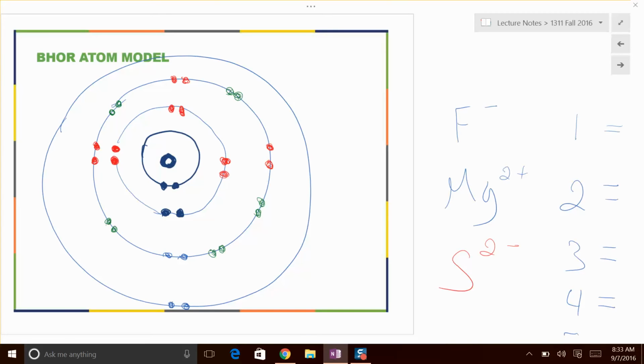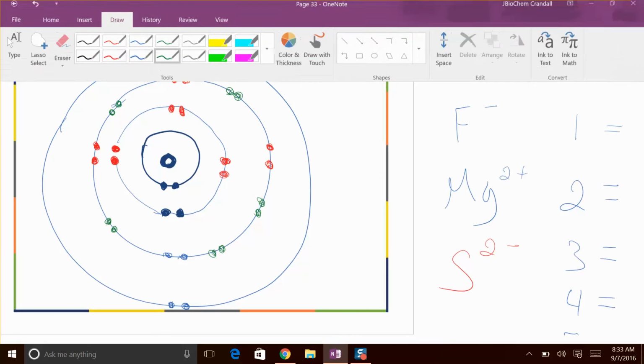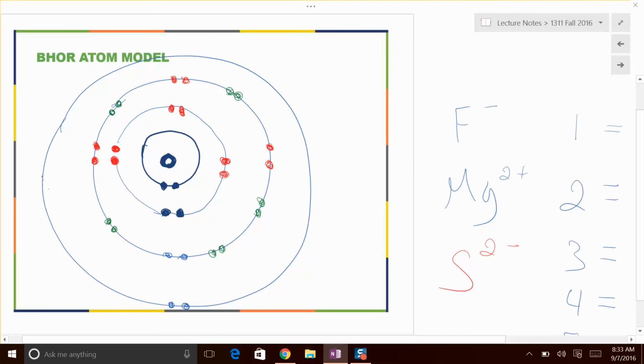Once I get to zinc, now I'm here. Where does this guy go? Does it go on the third or the fourth energy level? On the fourth. Okay? So now I'm going to add my 4 P's. 1, 2, 3, 4, 5, 6.